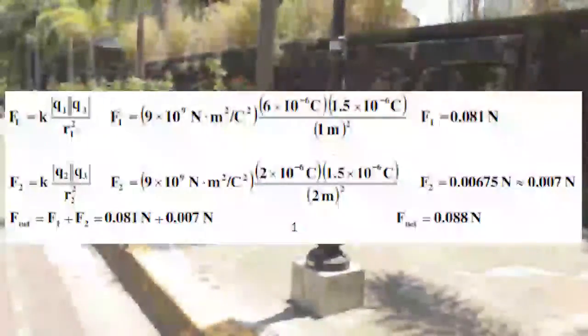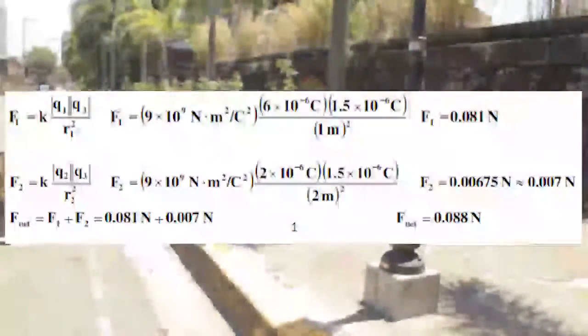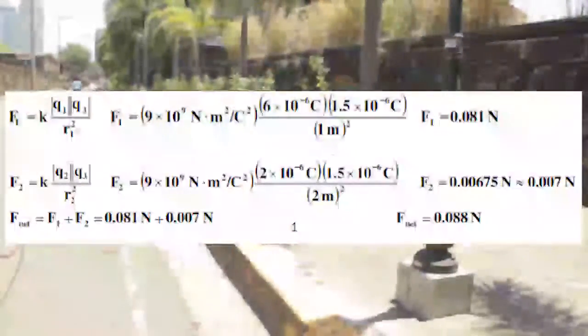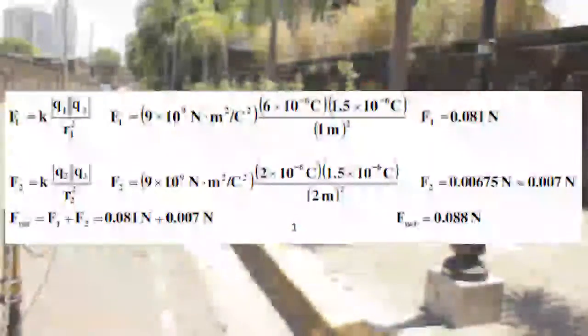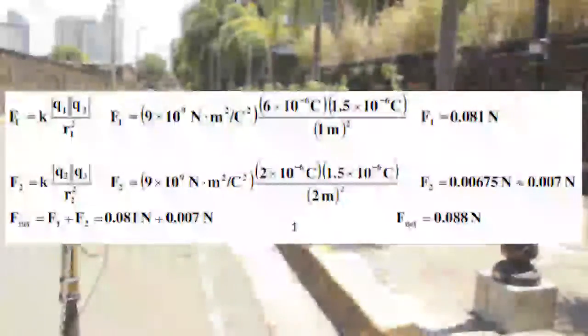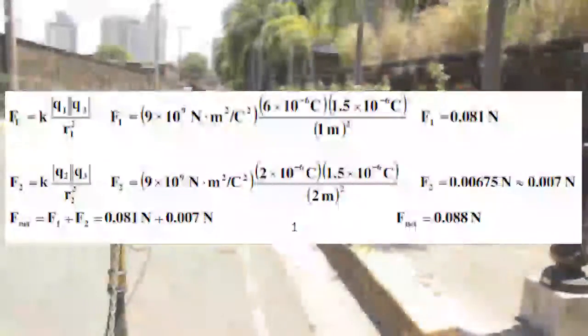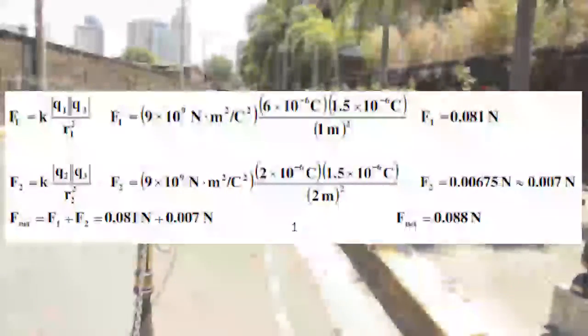Using the formula in Coulomb's law, F is equal to K times Q1 times Q2 all over R squared. K is also known as the Coulomb's law constant. F1 is our force 1 and F2 is our force 2.